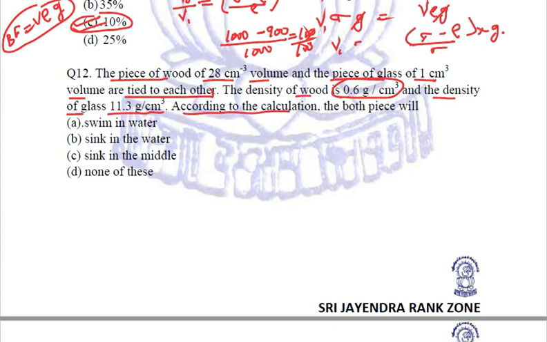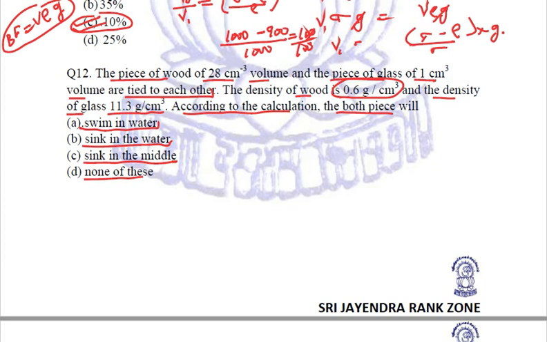According to the calculation, what will happen to both pieces? The options given to us are: will they swim in water, sink in water, sink in the middle, or none of these. So these are the four options given to us in this particular question.